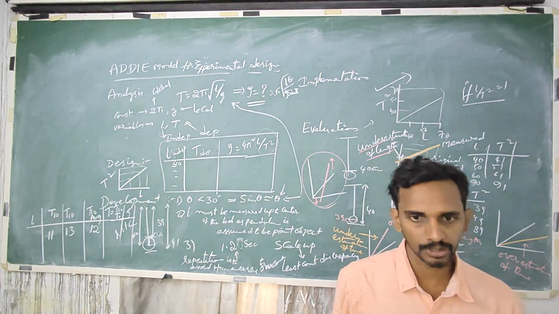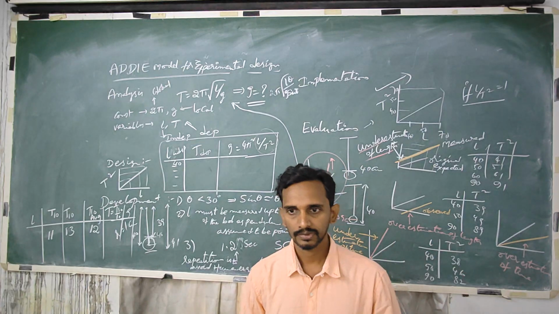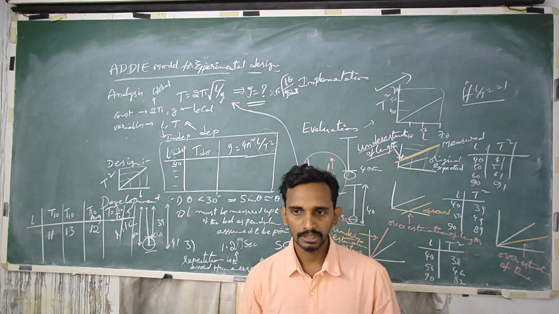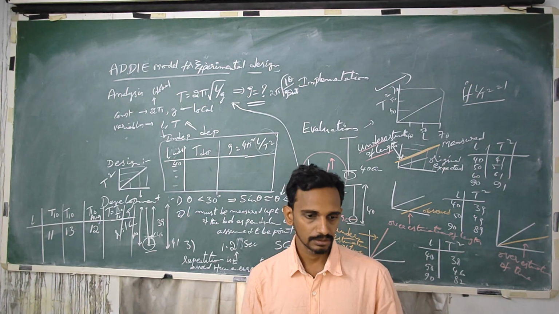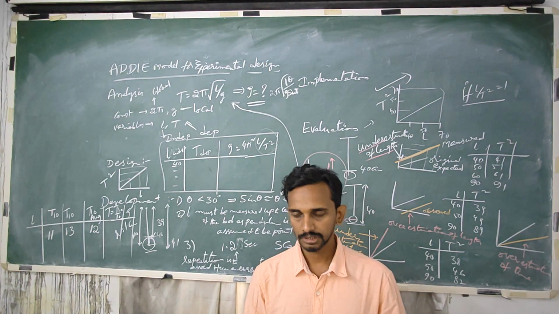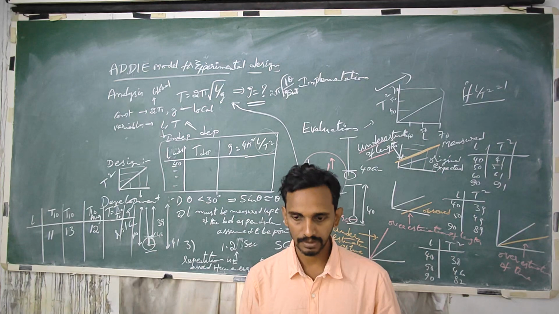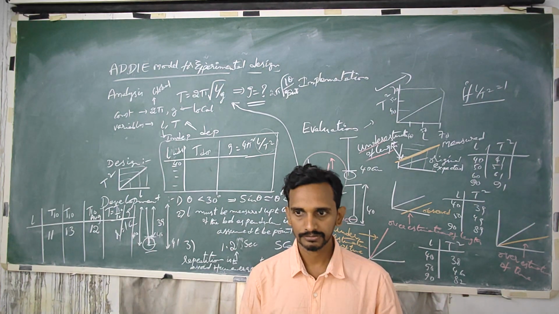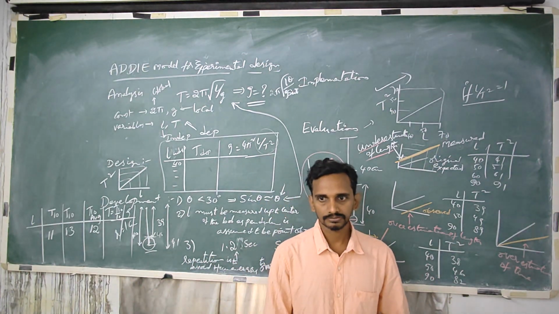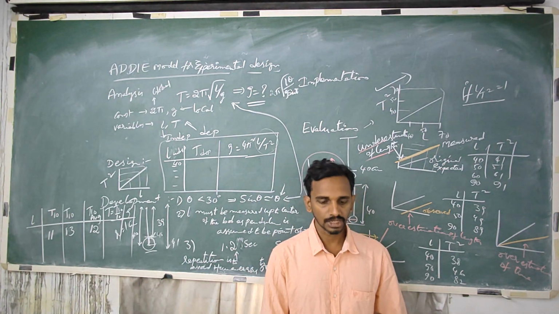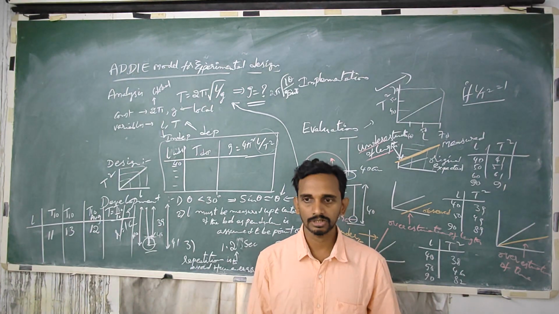That is why graph plotting is more important. You will be able to identify mistakes which cannot otherwise be understood. Mistakes are most often by ignorance only, right? Misunderstanding of the concepts. So that can be corrected only through the graph.